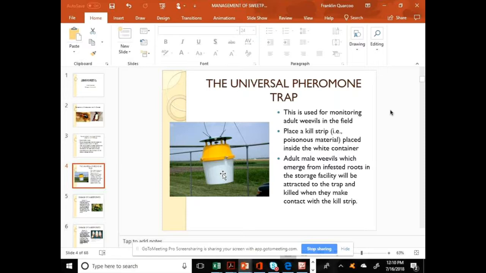And so we actually put some of these traps in the storage unit when we are storing sweet potatoes to trap some of the emerging adults that come out. They are very resilient. Like I said, they cause a lot of problems, and our threshold of tolerance for the sweet potato weevil is so low, because you find one or two in your trap, that's enough bad news.